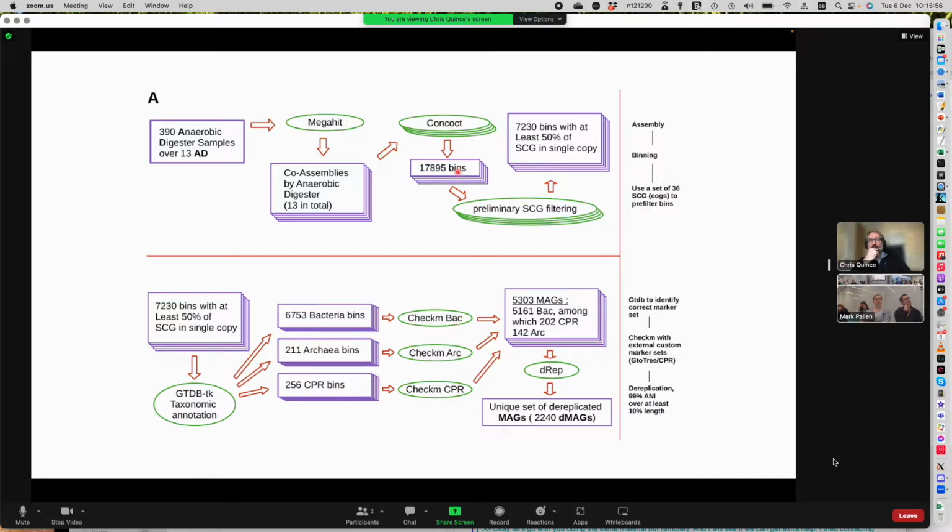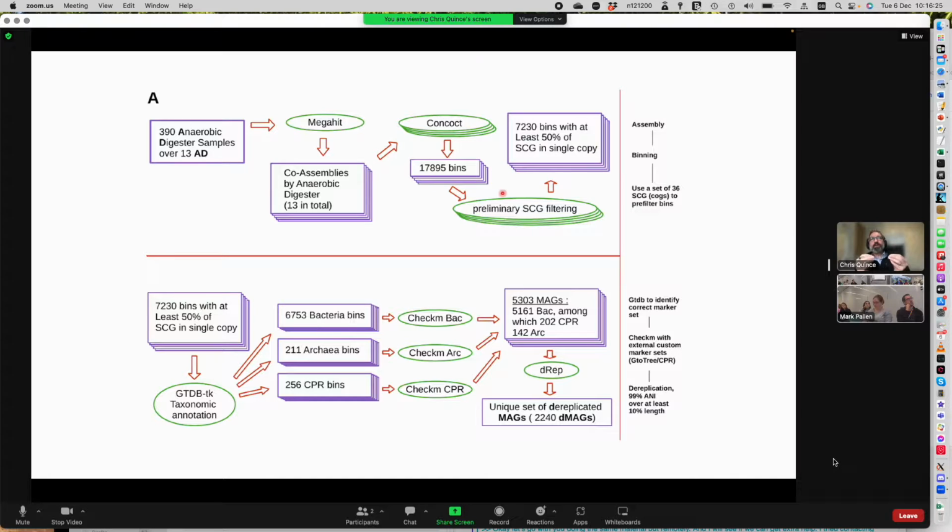Now, we actually used a slightly complicated strategy for deciding what was a MAG, i.e. a good bin. One of the issues with single copy core genes is it's hard to find a large set of genes that are universal to all prokaryotes. We've got 36 or so that are universal, but 36 core genes is not a lot.